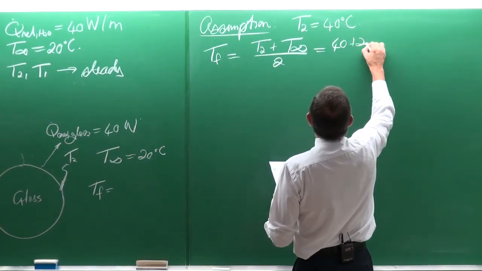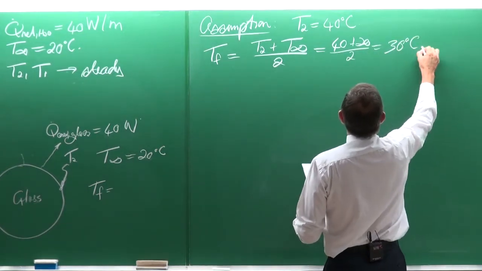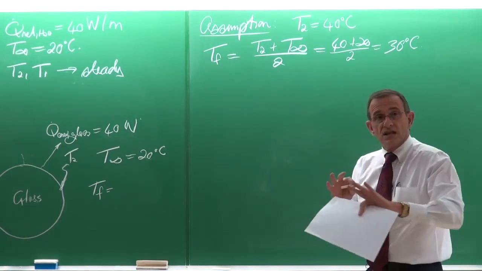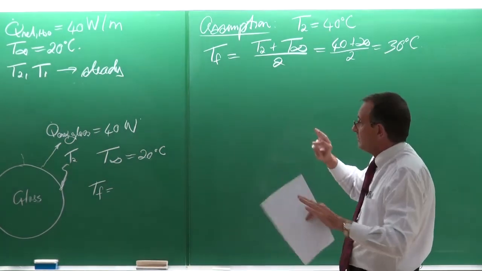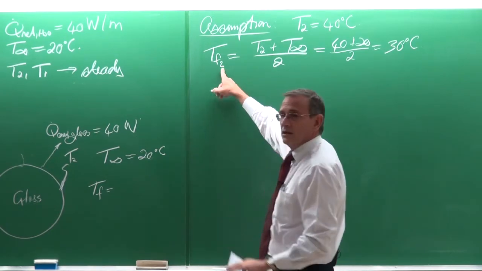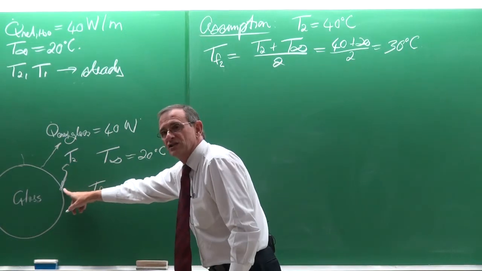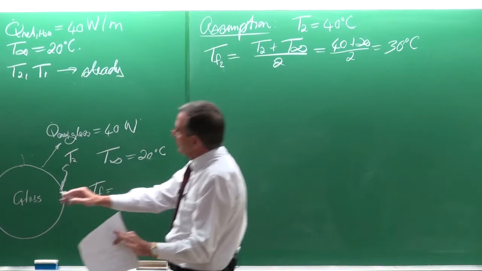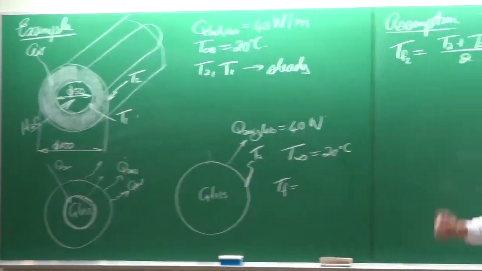It's 40 plus 20, 60 divided by 2, that is a temperature at 30 degrees Celsius. Because this can be so confusing, and when I prepared for this, there were a few times that I've made some mistakes. So to be consistent, let's call that 2. To indicate the film temperature at surface 2, the outside surface. So the outside surface of the glass is 2, and the inside surface of the aluminium is 1.